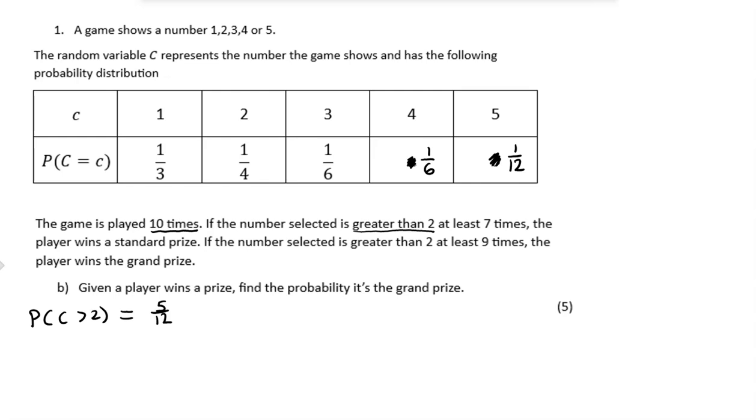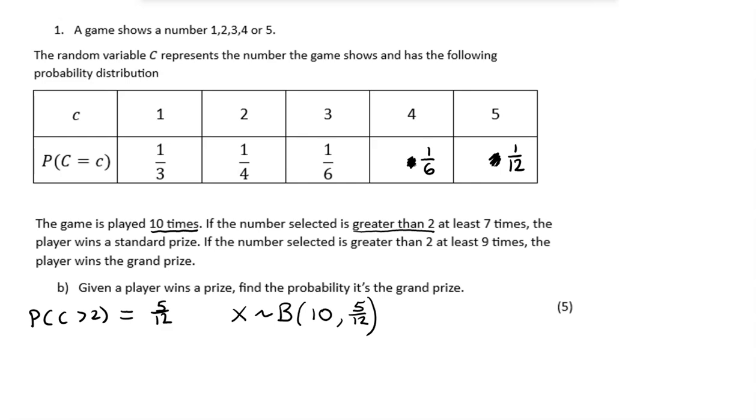Well, that's the perfect condition for a binomial distribution. So if I call this event of playing this game x, this follows a binomial distribution where you have 10 goes and the probability of success is 5 over 12.